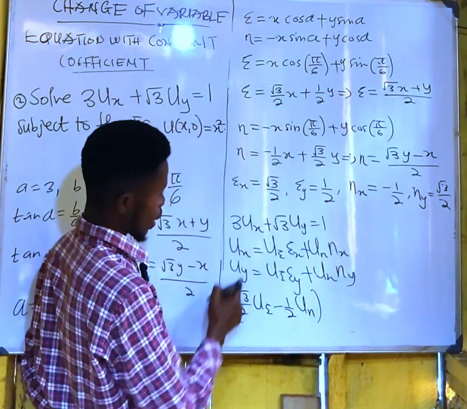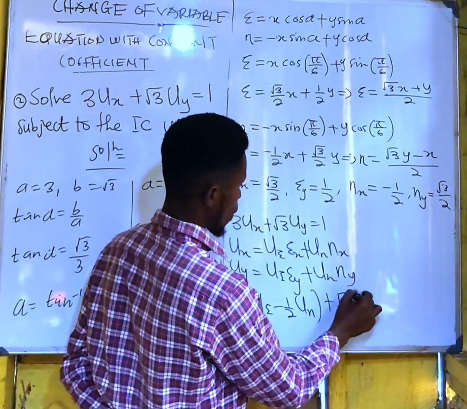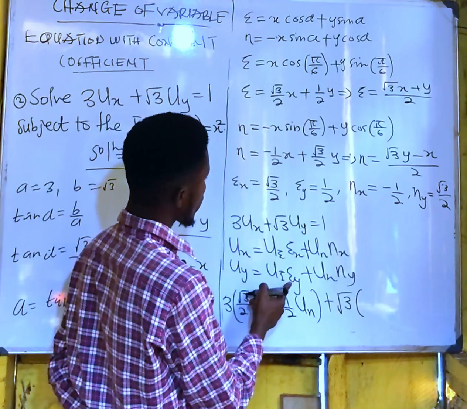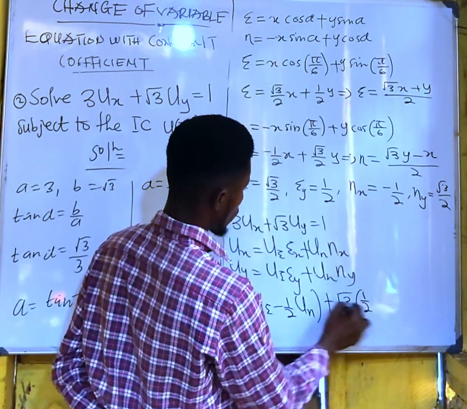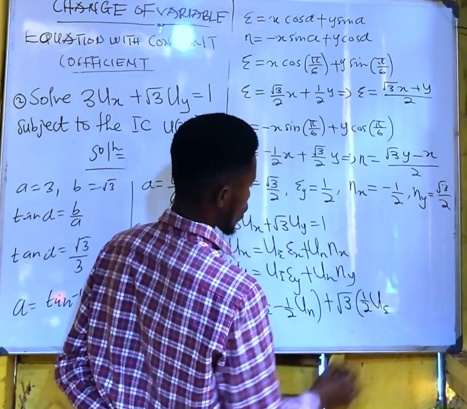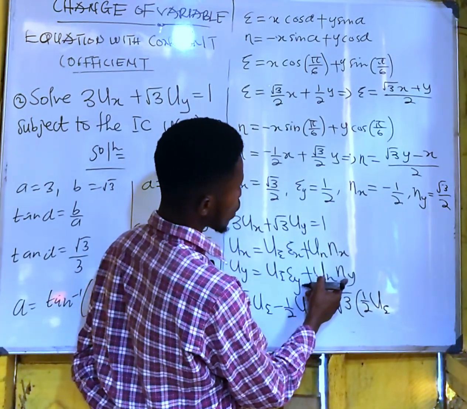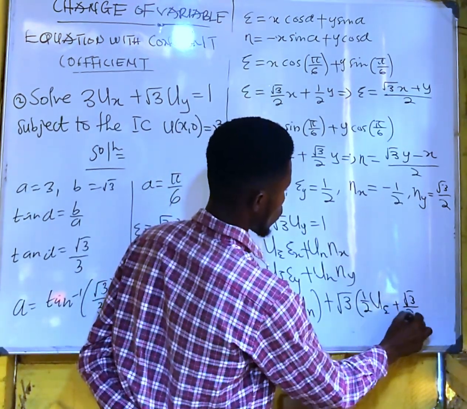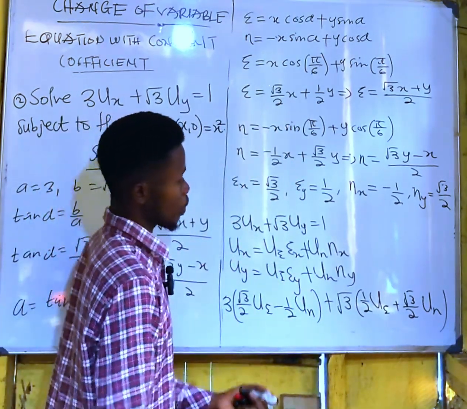That's how it's going to look. Then when I come here, plus root 3 bracket open, u xi xi y. This xi y is half, so half u xi. Then eta y. Eta y is root 3 over 2 u eta.